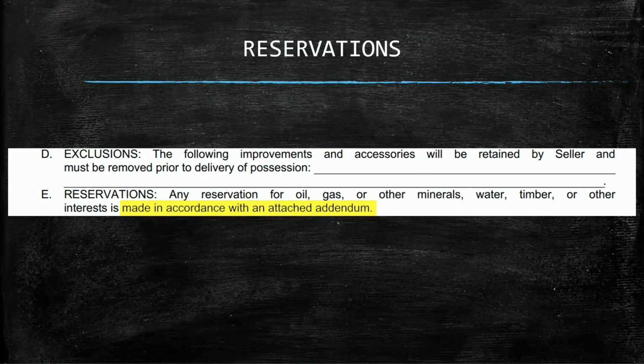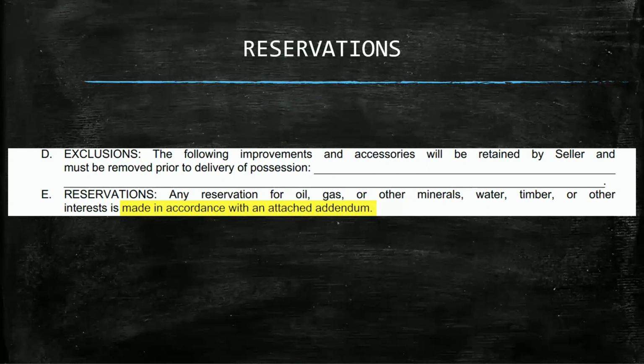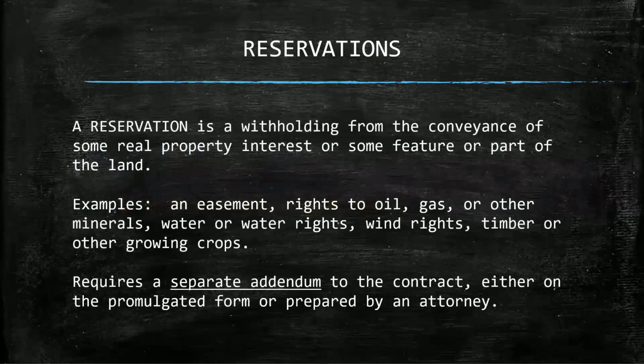Per the 1-to-4 contract, everything conveys as far as mineral interests and easements and all that, unless it is specifically excluded by the seller. So a reservation is a withholding from the conveyance of some real property interest or some feature or some part of the land.